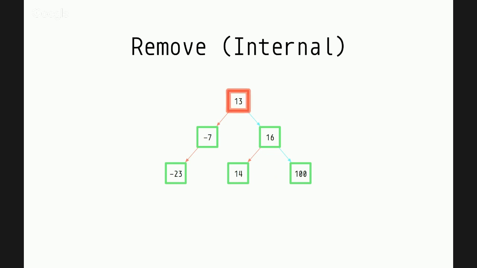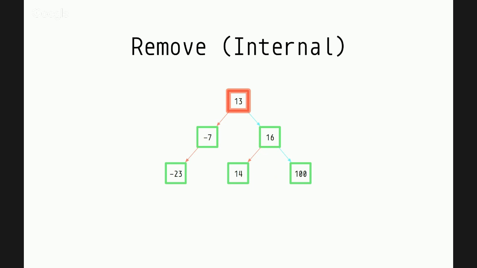You can either visit the node, then its left child, then its right child, or you can visit the left child, the node, and then its right child, or you can visit the left child, the right child, and then the node. But the one that we want to talk about is when you visit the left child, then the node, then the right child. When you do this, you can find what's called the in-order successor of a node.